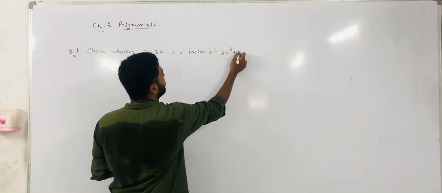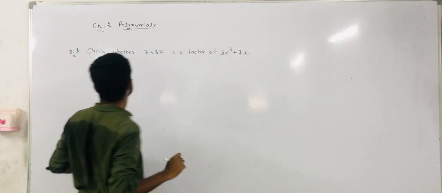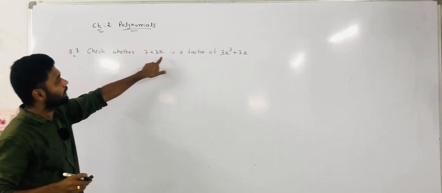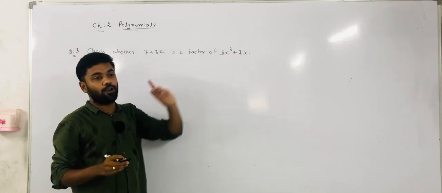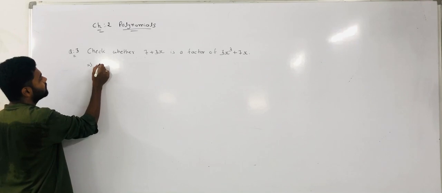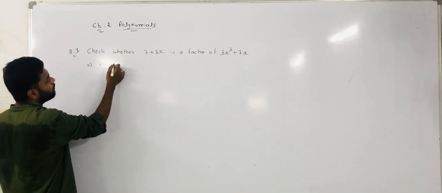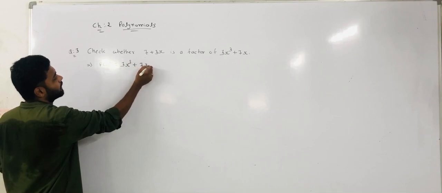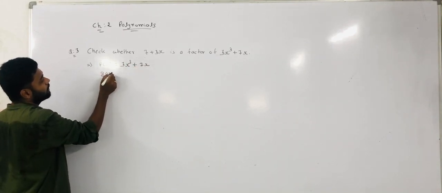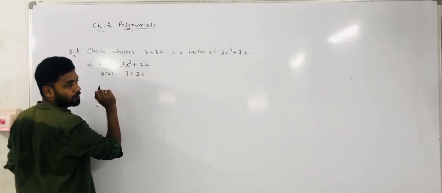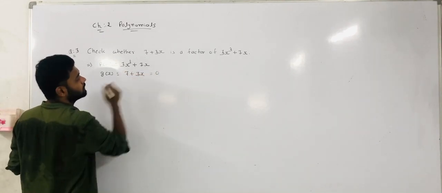We have to check whether the given 7 plus 3x is a factor of your given polynomial 3x cube plus 7x or not. So simply in this case we are given the dividend polynomial, that is 3x cube plus 7x, and we have to check whether g of x is a factor of this polynomial or not. Simply compare it with 0.